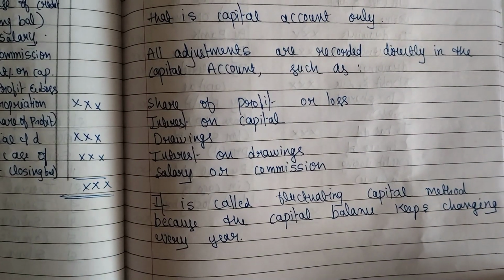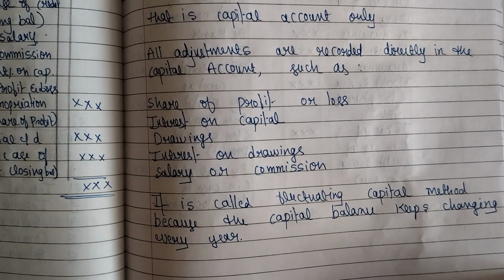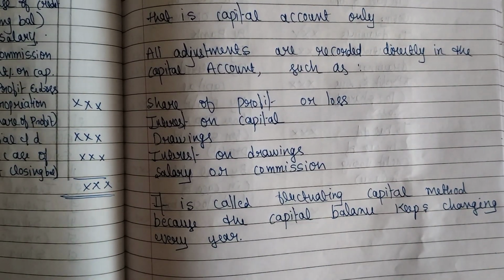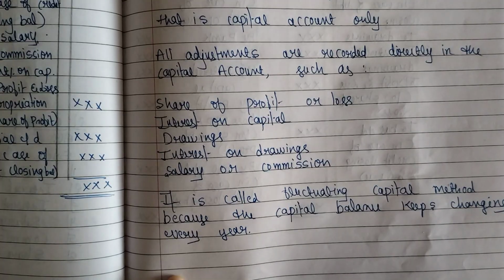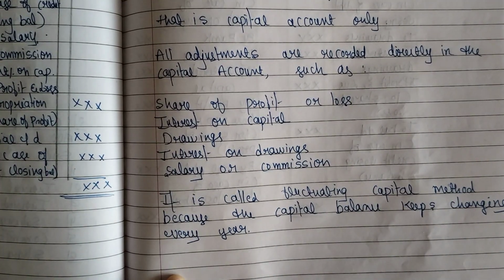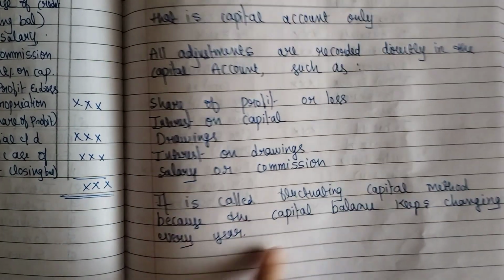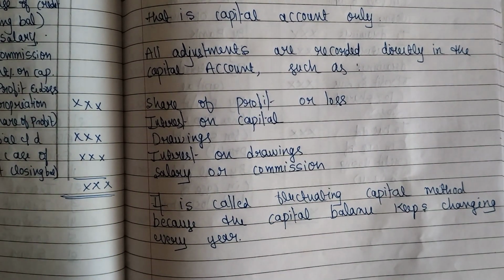So now it is called the fluctuating capital method. Why? Because the capital balance keeps changing every year. The capital balance keeps changing because in this method all items are recorded in the same capital account.